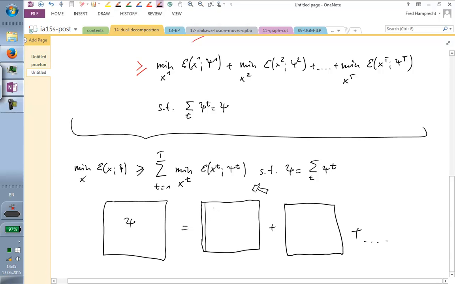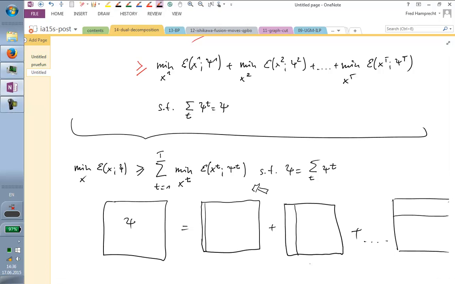A simple strategy is to say, I take my first subproblem to be just a single column of the image. The second subproblem is the next column, and then afterwards I do the same thing with rows, so that I have one subproblem in the end for every single row and every single column. And yesterday we have seen how along such a row or such a column I can solve the problems exactly just using dynamic programming.